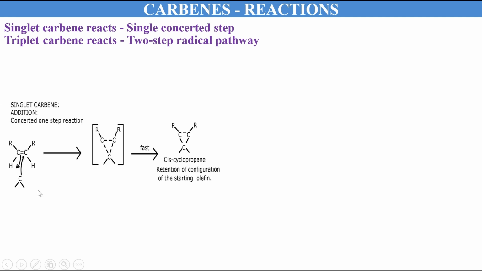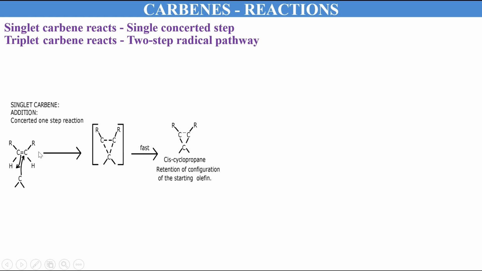If there is a singlet carbene, as we know, in the carbene the electrons are paired and they have opposite spins. They are anti-parallel. One electron from the pi bond forms the bond with these electrons. Pi electrons move onto this carbon. It donates the electron and a carbanion, minus, is formed.